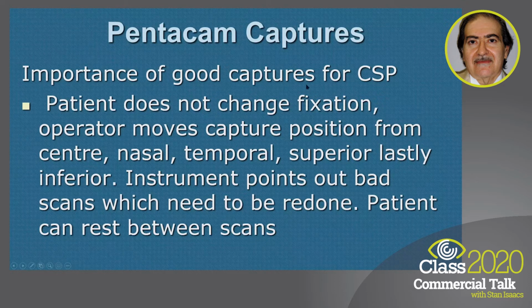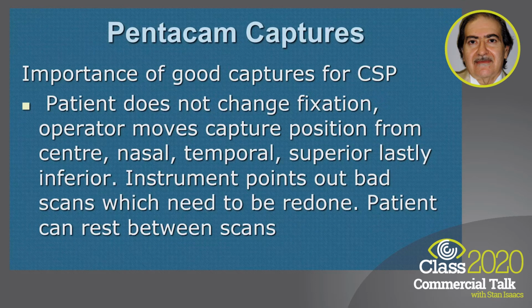When you are measuring corneal scleral profiles, you're actually measuring 5 positions: center, nasal, temporal, superior, inferior, right? And all of them have to have good captures. If you have a bad capture, you're going to have a bad lens. There's no two ways about it. So if you have to waste time and do your captures a few times, just do it, right?